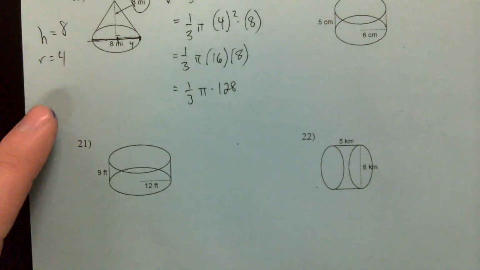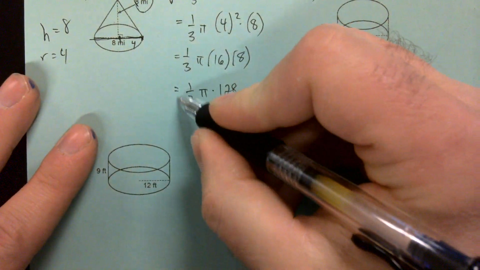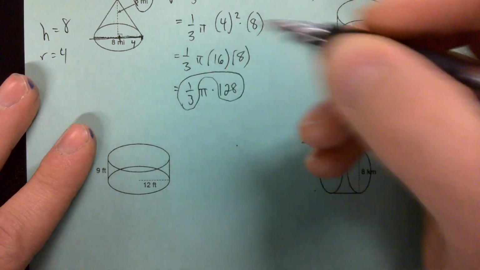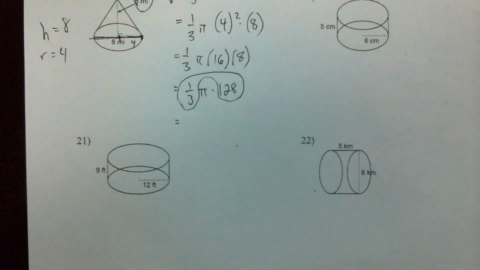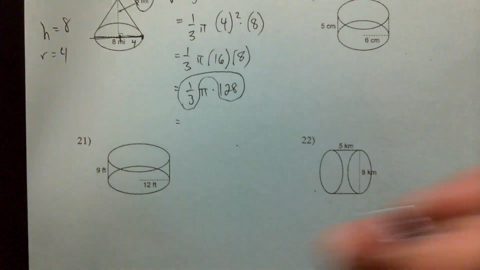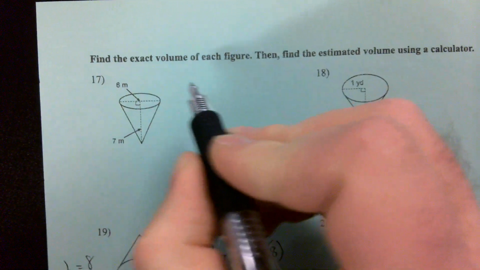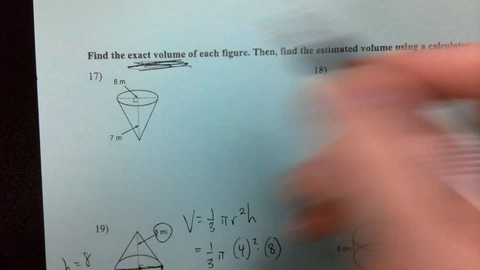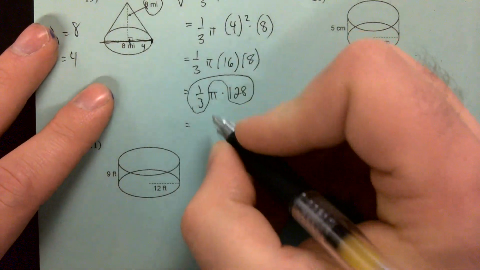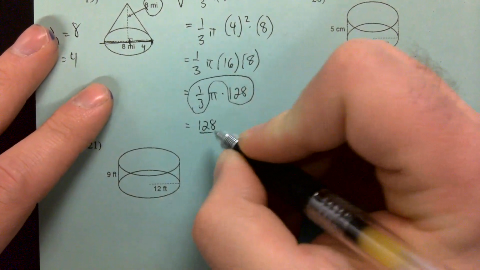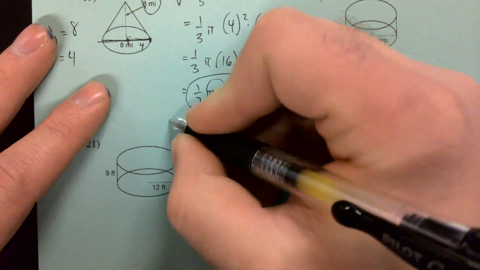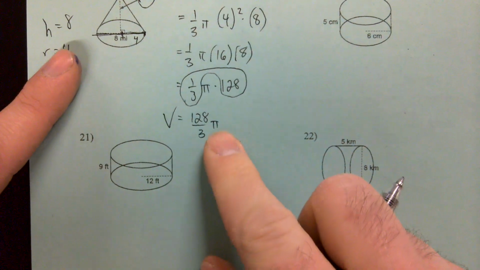And what do we do now? We divide 128 by 3. Exactly. Now, does 3 go into 128 evenly? No. So for our exact volume, we're going to leave it as 128 over 3 pi. That is my exact volume.